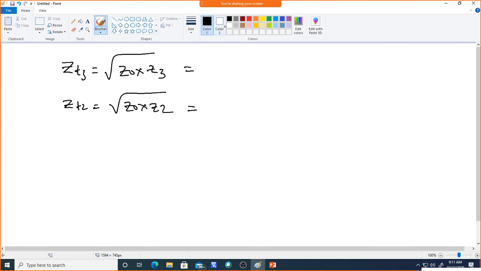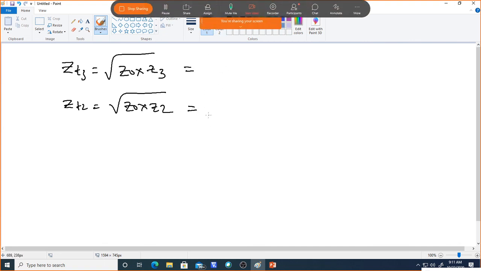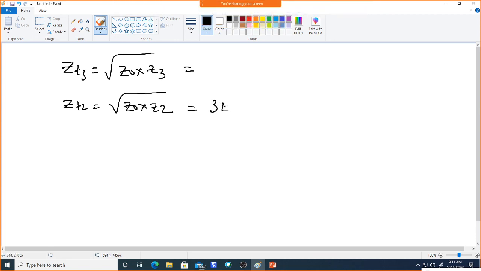Anybody who got? 34.61, sir. Okay, 34.61 ohm, and similarly ZT3 60 ohm. Okay, so this is the value of ZT3 and ZT2.